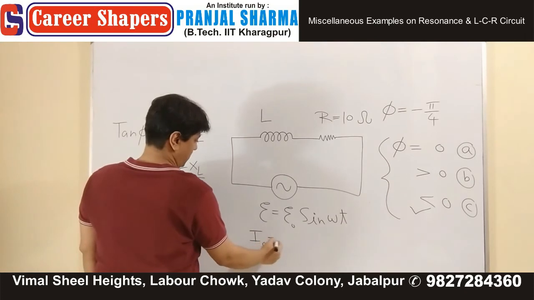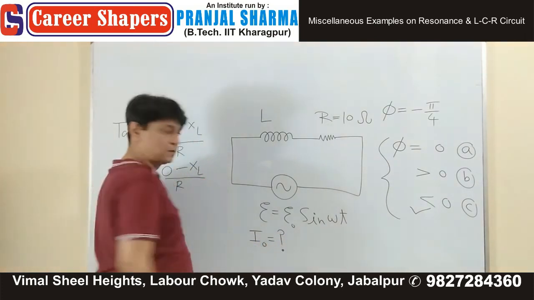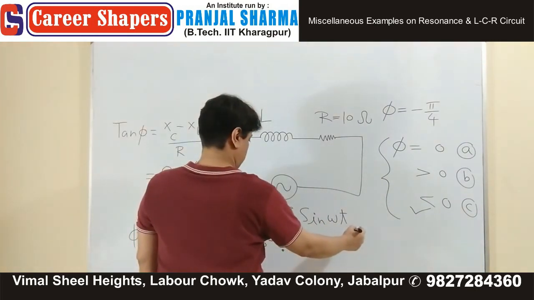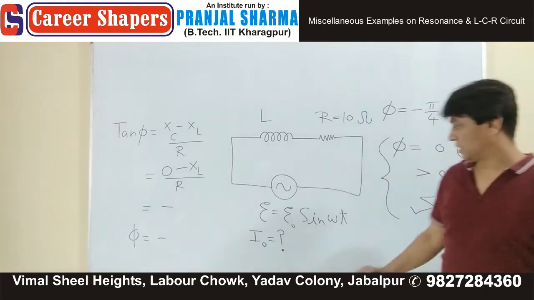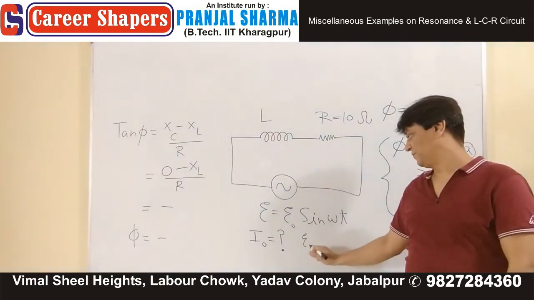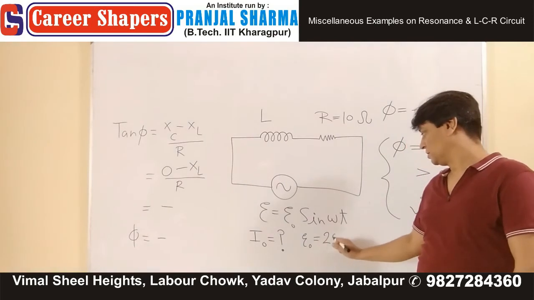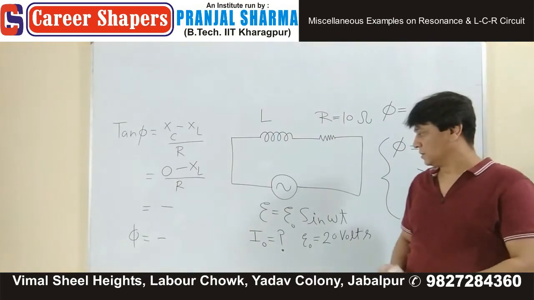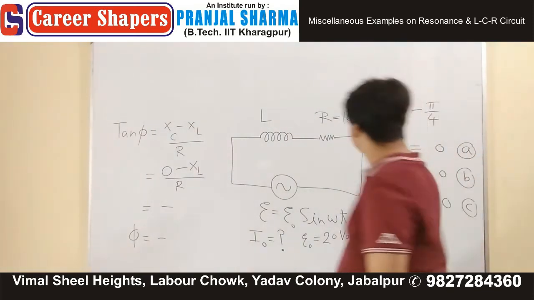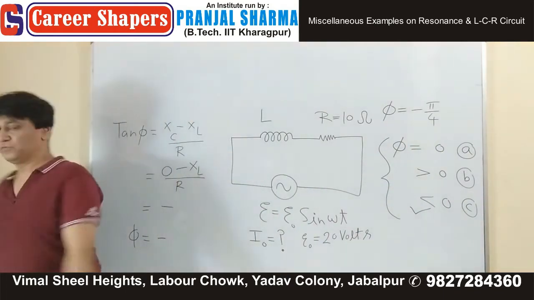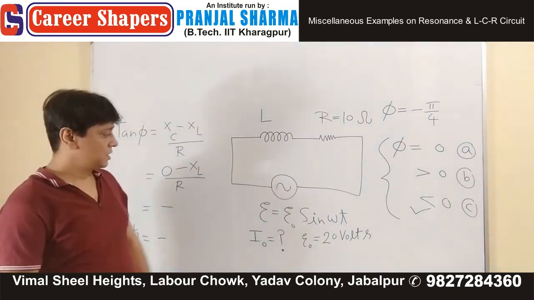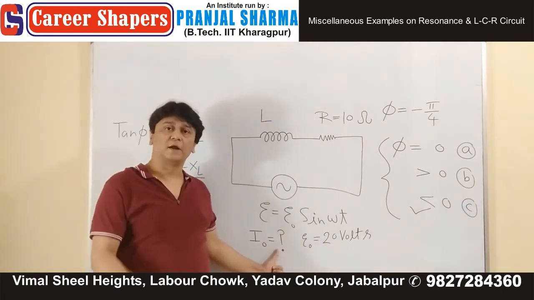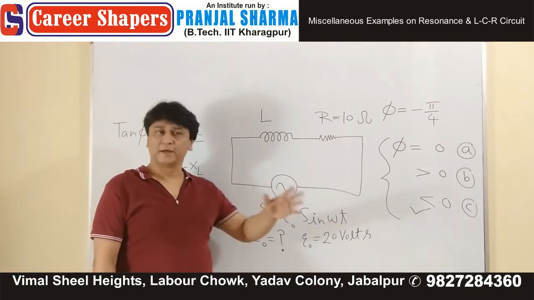Find out I naught, if E naught is 20 volts. This is the second part of the question. Phi is coming minus pi by 4, E naught is 20 volts, and you need to find I naught. You've got 30 seconds to answer this.